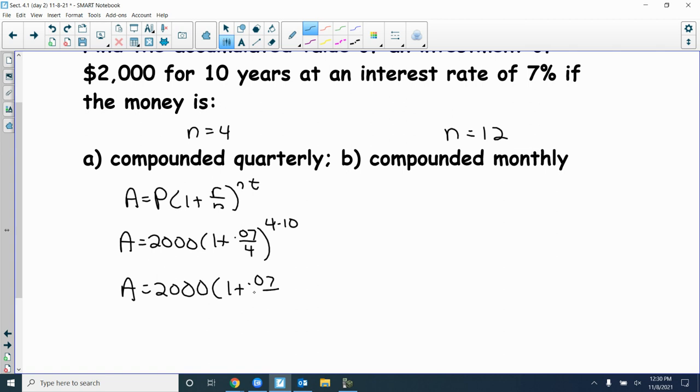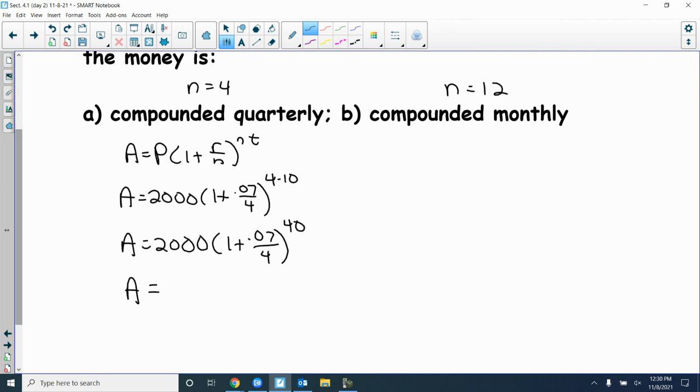So 0.07 divided by 4, to the 40th power. All right, use your calculator, figure out what you get, round it to the nearest penny. Everybody do that just to make sure everybody enters it correctly and we all get the same thing. Don't just wait for me to write the answer down.